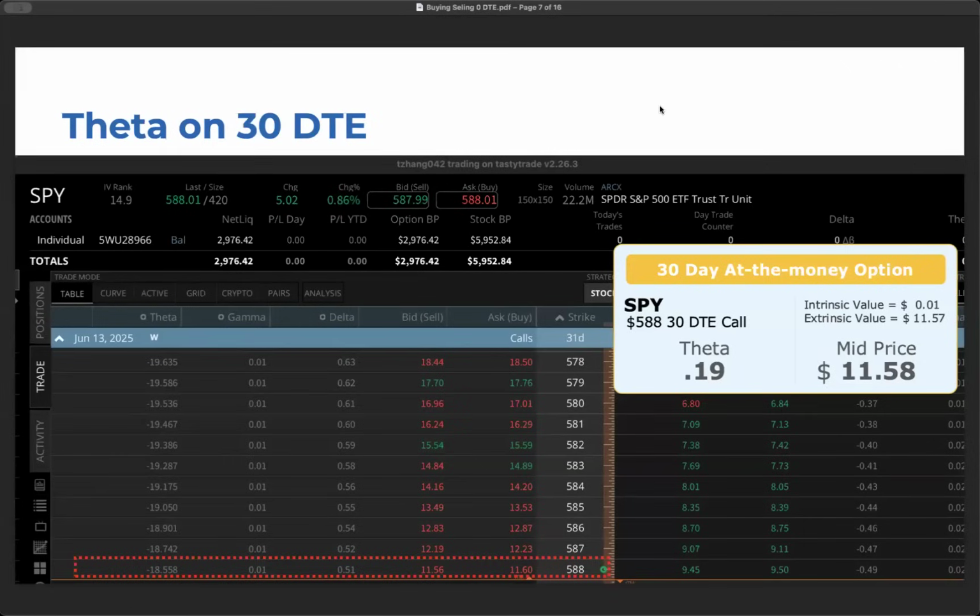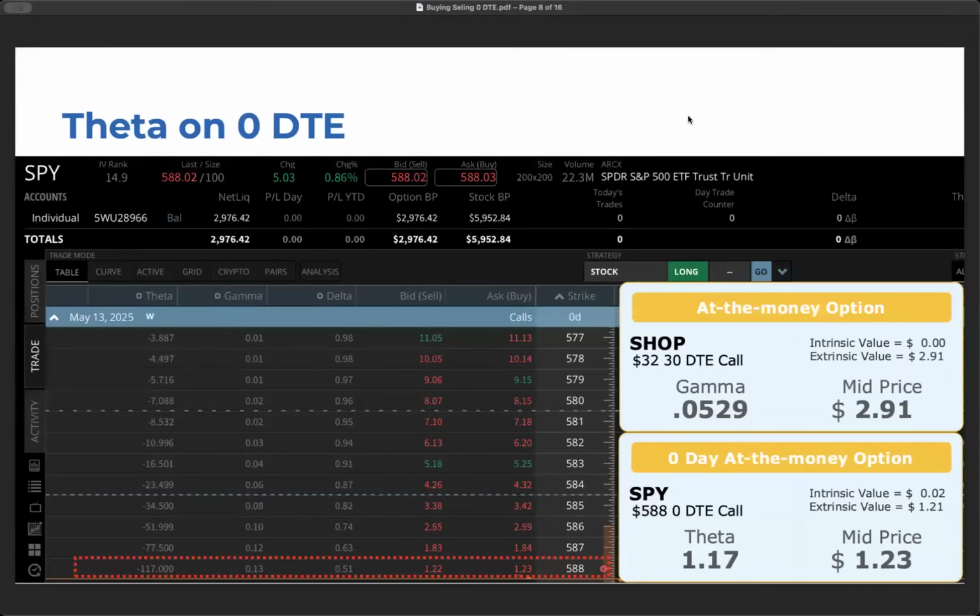When we were looking at the 0 days expiration versus 30 days expiration from a theta perspective, theta accelerated about 62 times more on the 0 days expiration than the 30-day option. So as a seller, you're going to gain theta 62 times faster than if you were to sell a 30-day option. Now, as a buyer, that obviously works against you.